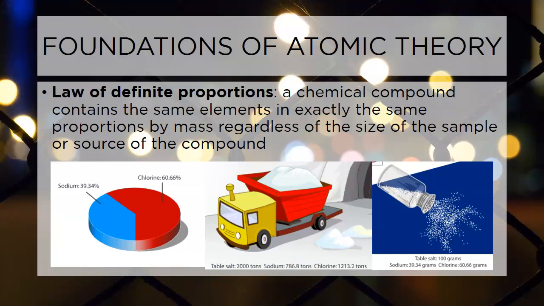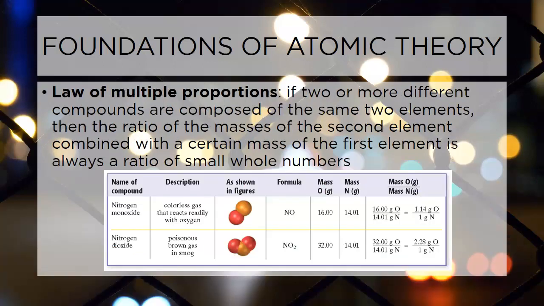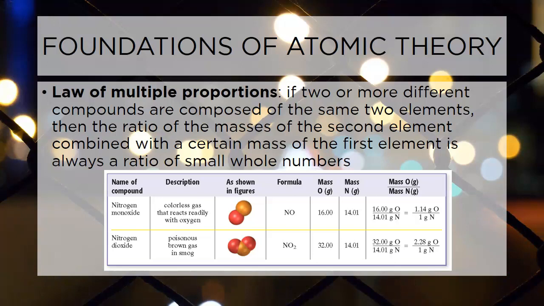The other one sounds a little bit more confusing, the law of multiple proportions, but I hope we can see that it just boils down to common sense in a way. What it's telling me is that if I have two or more different compounds that have the same two elements, in my example nitrogen and oxygen, so two compounds that are different, nitrogen monoxide is different than nitrogen dioxide, but they both have nitrogen and oxygen.